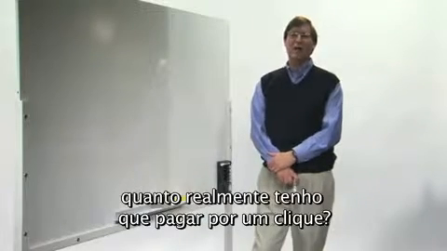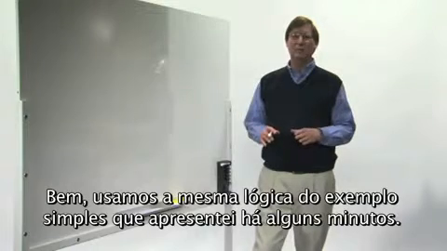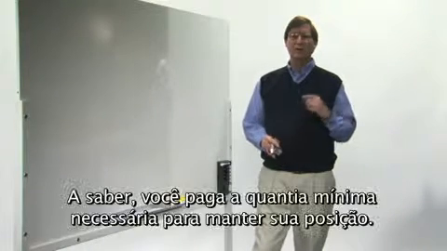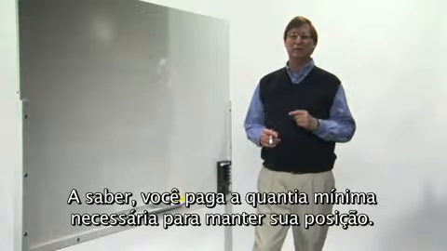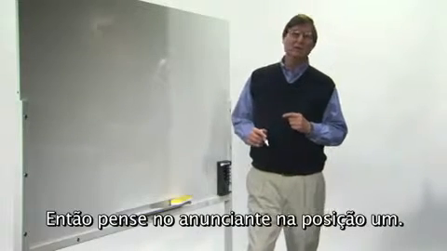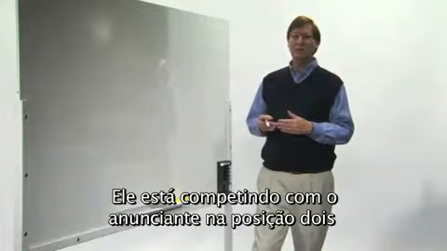How much do I actually pay for a click? Well, we use the same logic as in the simple example I presented a few minutes ago. Namely, you pay the minimum amount that's necessary to retain your position. So think of advertiser in position 1. He's competing with advertiser in position 2.